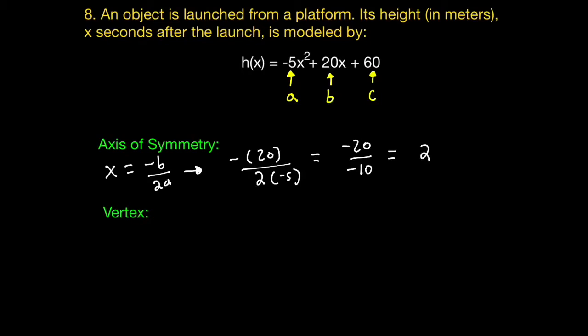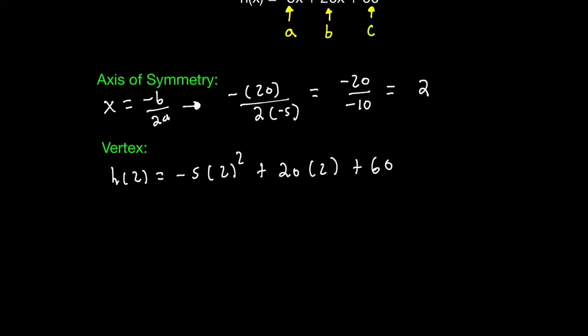To find the vertex, I am now going to evaluate the function at 2. So I'm going to get h of 2 equal to negative 5 multiplied by 2 squared plus 20 times 2. And we're going to add 60. Here I'm going to get negative 5 multiplied by 2 squared. That's going to be 4. We're going to add 20 times 2, which is 40.